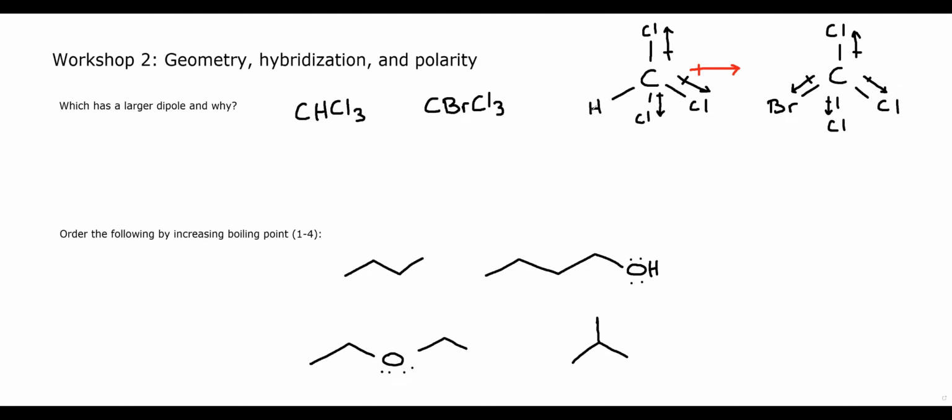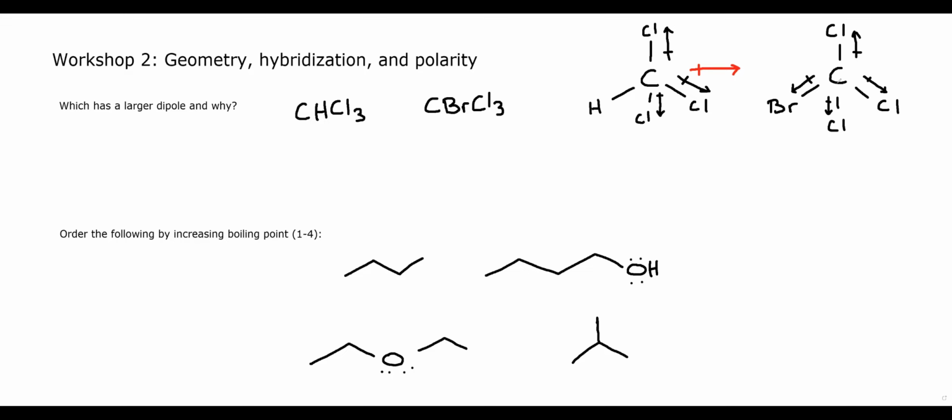See the difference? We have a hydrogen on the left, we have a bromine on the right. So this bromine is working against our overall dipole, which means that the overall dipole is going to be much weaker on the right.